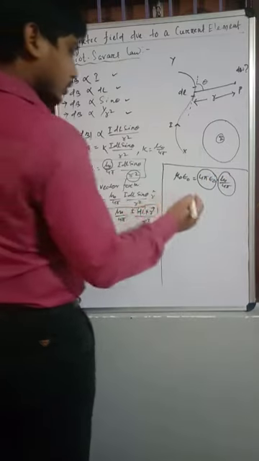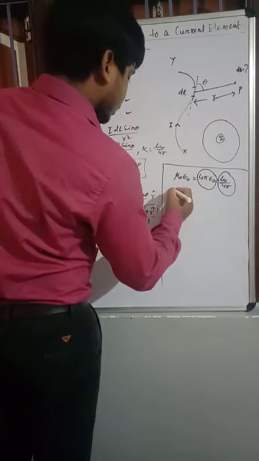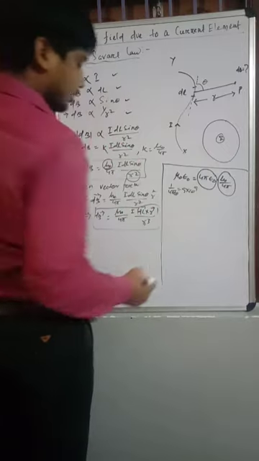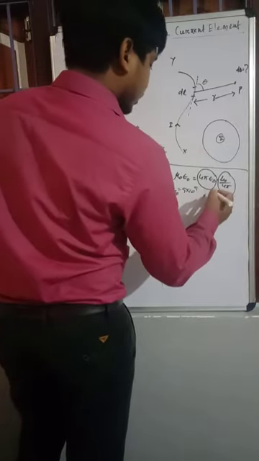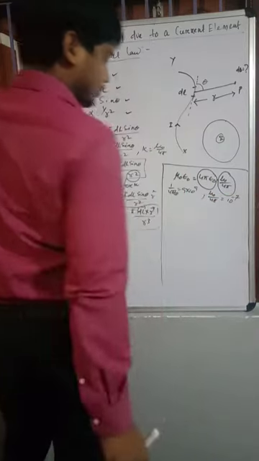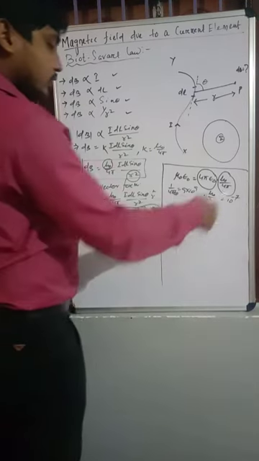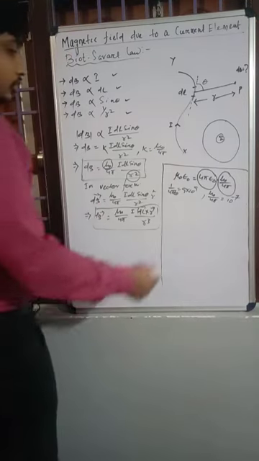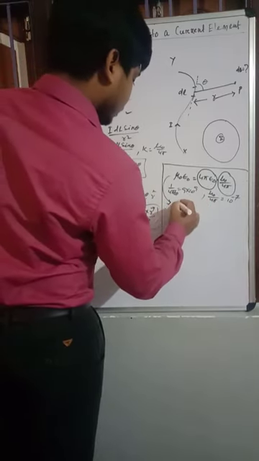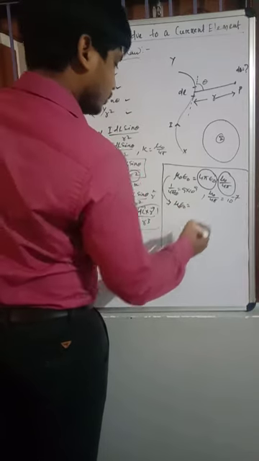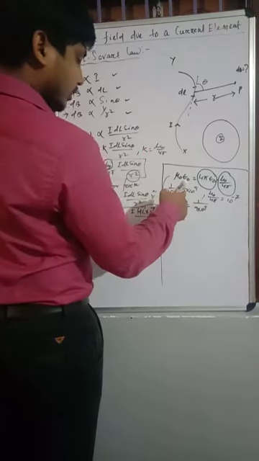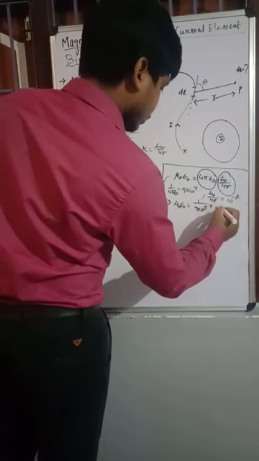And the value of these two quantities, we know from electrostatics, the value of this 1 by 4 pi epsilon naught is 9 into 10 to the power 9 with units, and the value of this mu naught by 4 pi, you remember, is 10 to the power minus 7 with unit Tesla meter into ampere inverse. So you will put the values here, you will get mu naught epsilon naught equal to 1 by 9 into 10 to the power 9 because of the reciprocal, into 10 to the power minus 7.